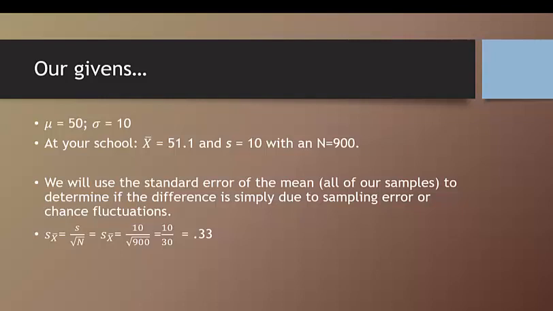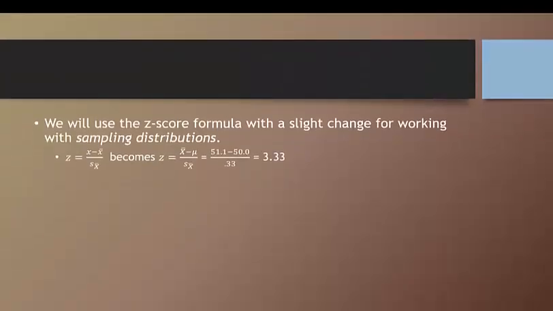And so, now that we've found that, let's look at the z-score formula. We're going to change this slightly, and what you're going to see is this is actually what we call a z-test. In order to use it as a z-test, our z-score formula, instead of x minus x bar over standard error, becomes x bar minus mu over the standard error, where x bar is our sample mean and mu is our population mean.